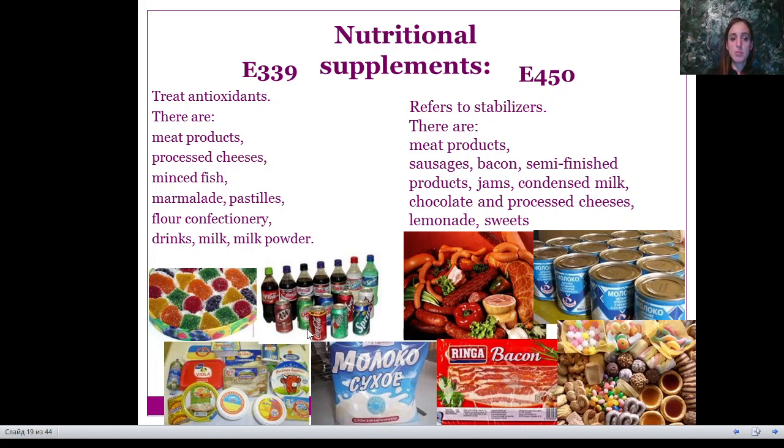First it's meat products, then fish, marmalade, pastilles, drinks, milk, and the second table, here also meat products, some bacon, jams, semi-finished products, and chocolate and different sweets.